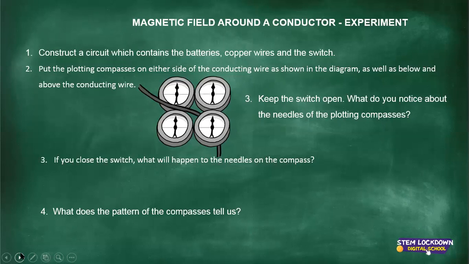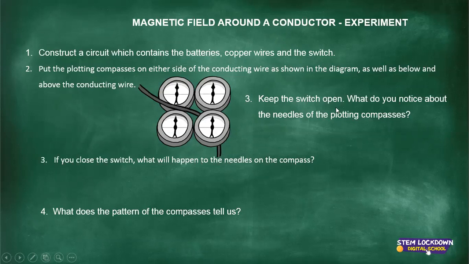By putting plotting compasses on either side of the conducting wire, as shown in the diagram, you can see the wire connected to a switch and a battery going past the compass.